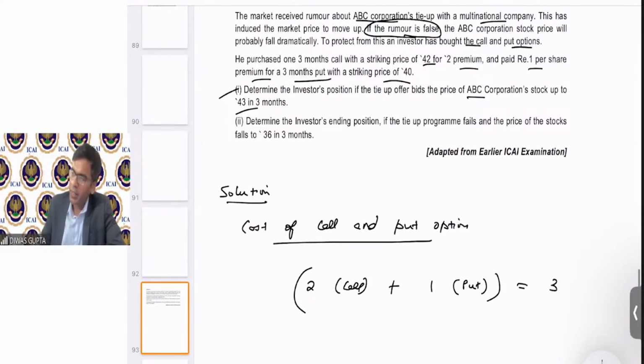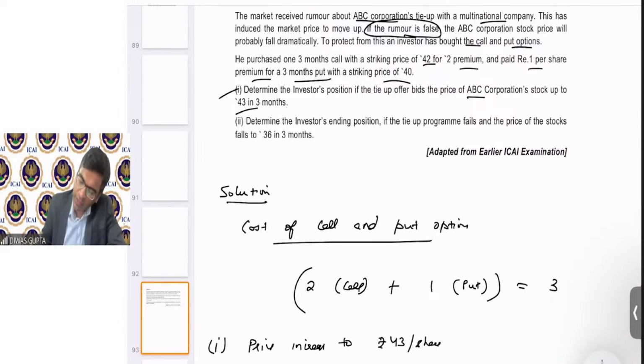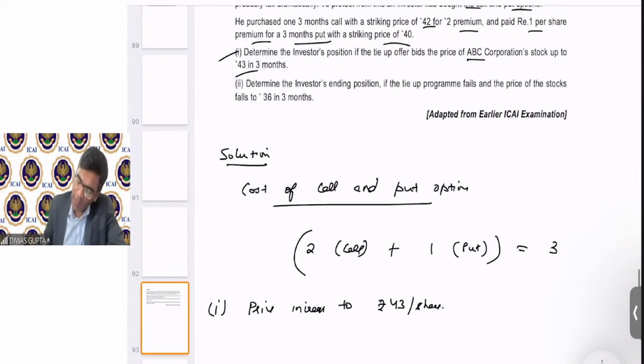Now, if the price increases to rupees 43 per share, what will happen? On the call option, there will be a gain, right? Because 42 was the striking price.